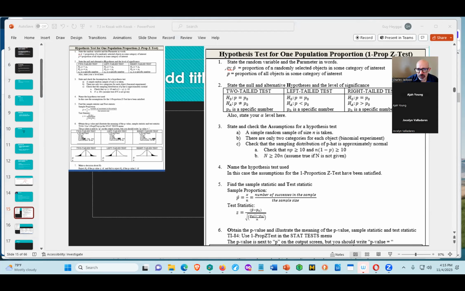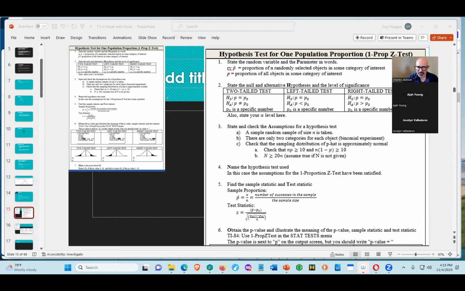Okay, so PHANTOMS: P is what's the parameter. H is the hypotheses, the null and alternative. A is the assumptions.